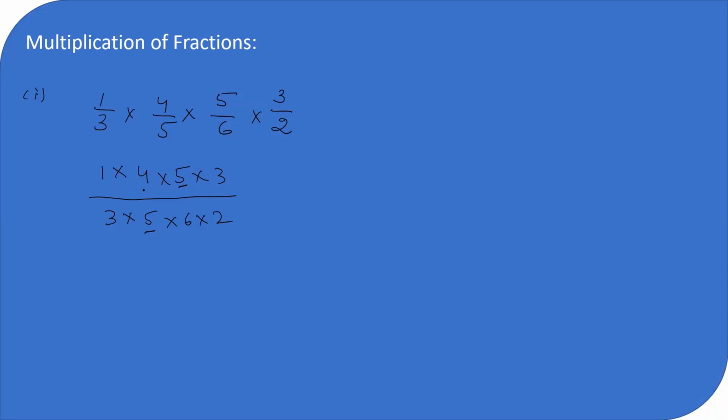If we are doing multiplication of fractions, and we have the same number in the denominator as well as in the numerator, we can cancel. 5 ones are 5, 5 ones are 5, cancel. Next, in the numerator we have 3 and the denominator we have 3, cancel. Whatever is left, you multiply. 1 into 4 in the numerator and in the denominator 6 into 2.